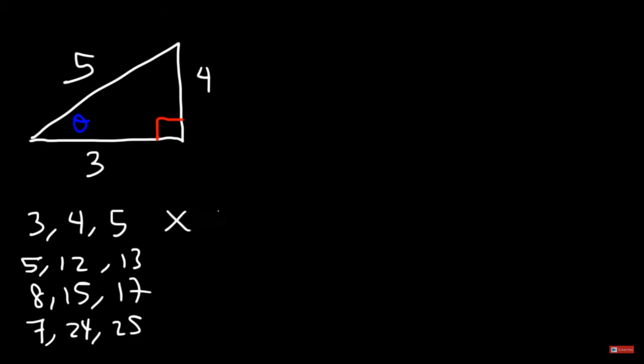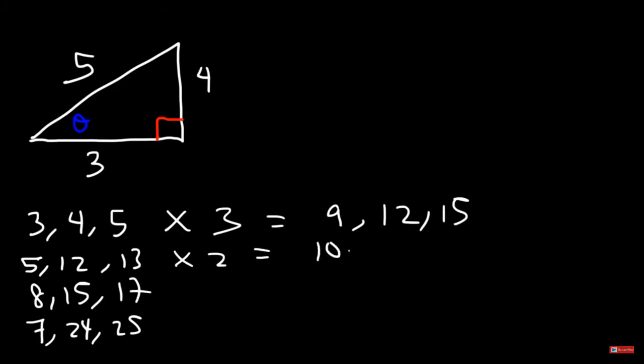For example, if we multiply this by 2, we'll get 6, 8, 10. That can also work. Or if you multiply it by 3, you get the 9, 12, 15 triangle. If you multiply this one by 2, you get the 10, 24, 26 triangle. Those are also special triplets.